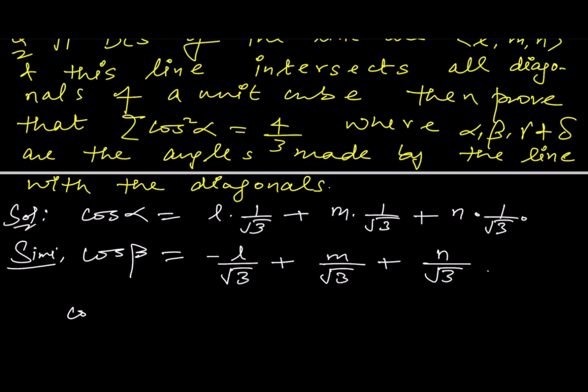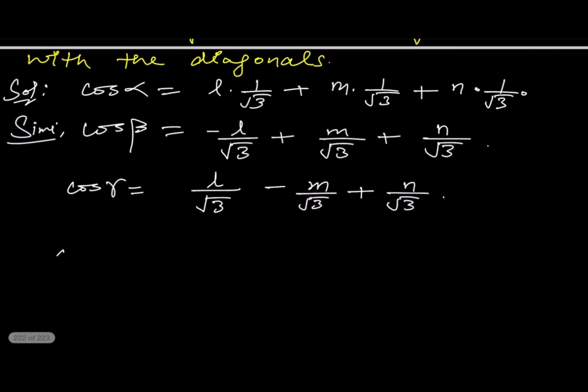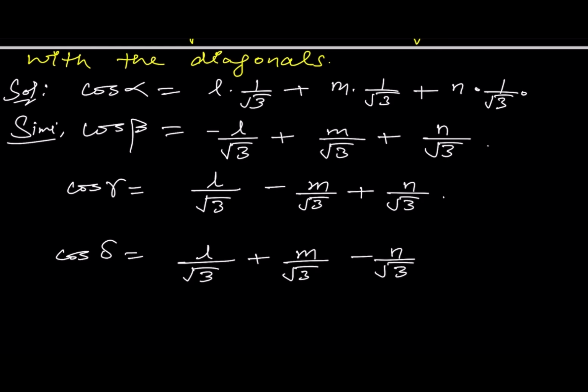Cos gamma is L by root 3 minus M by root 3 plus N by root 3, and cos delta is equal to L by root 3 plus M by root 3 minus N by root 3.